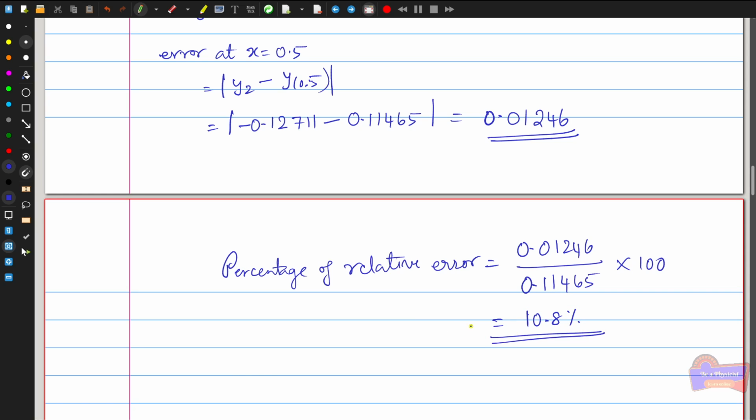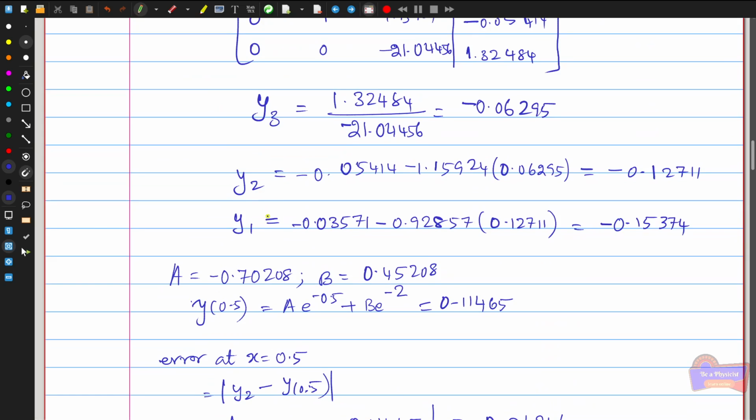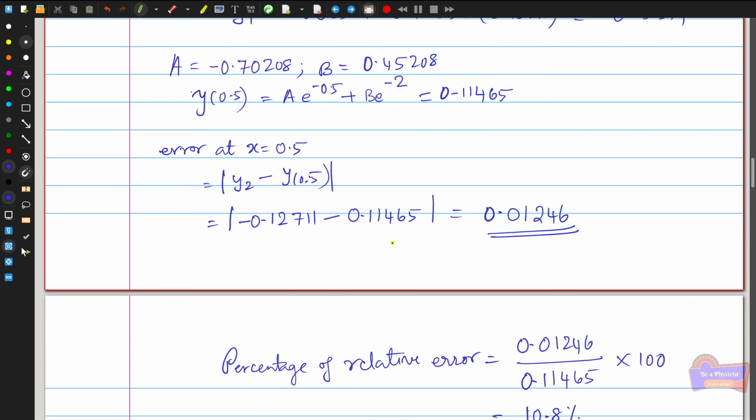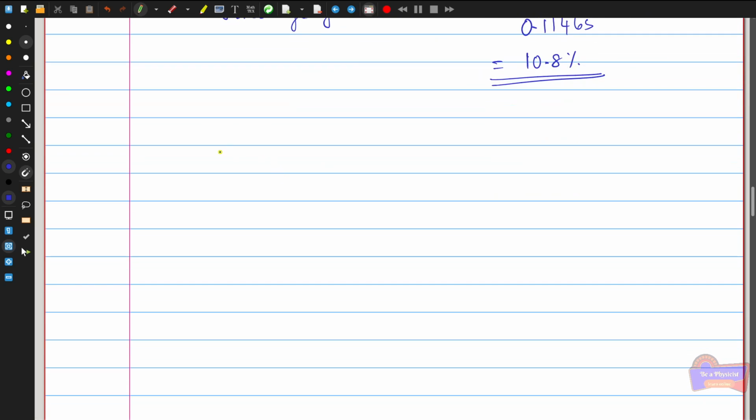So this is the relative error if I use the step size h equal to 0.25. Okay. So now we have calculated the unknown values y1, y2, y3. Then we compared the numerically calculated value with the analytically calculated solution. So this is how you can solve boundary value problems using the finite difference equation.